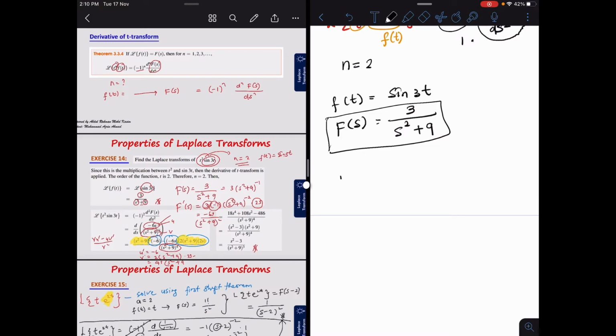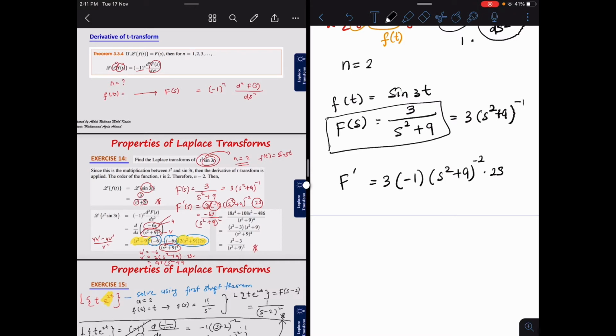So when we go for the differentiation of the function F(s), what will we get? Some of us are familiar with this arrangement, s squared plus 9 power of -1 over here. 3 is a constant, so -1 brings in front. So we have s squared plus 9, and then the power now becomes -2, and then we need to differentiate inside.